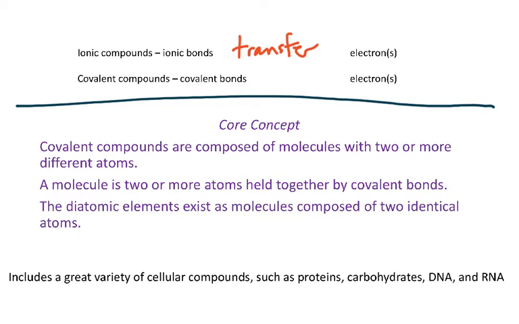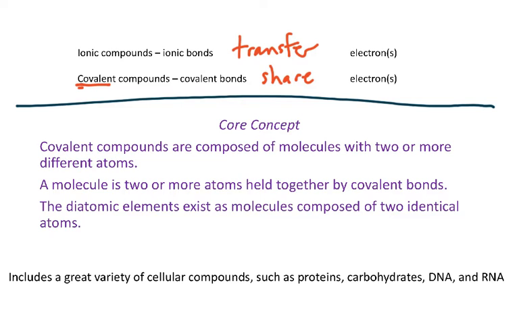Well, in a covalent compound, covalent bonds share electrons. So covalent, right? Like co is together, cooperating, coordinating, right? Covalent is together with valence electrons. So the valence electrons are shared between two atoms. That's how they fill their shell.